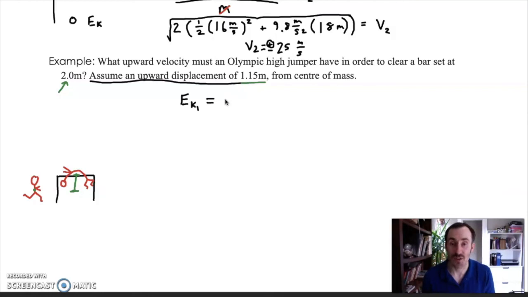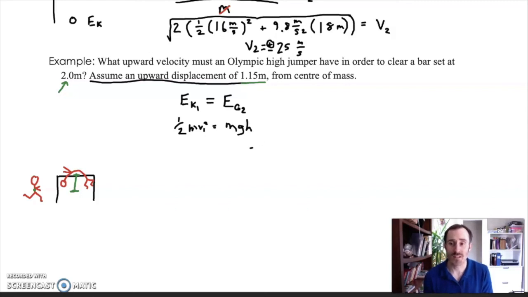Now there's just gravitational potential energy, because we're at the apex of the jump. And so this is EG2, gravitational potential energy at the end. Okay, now this is half mv1 squared, and this side is mgh.